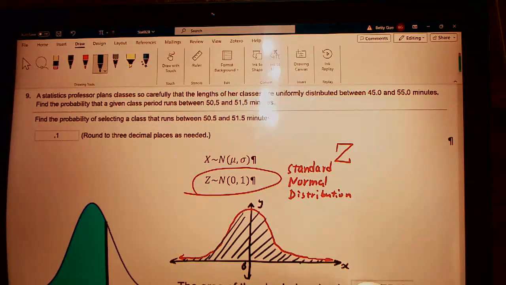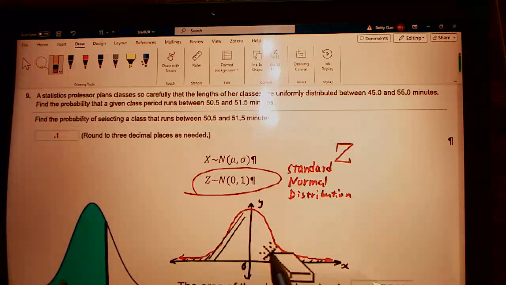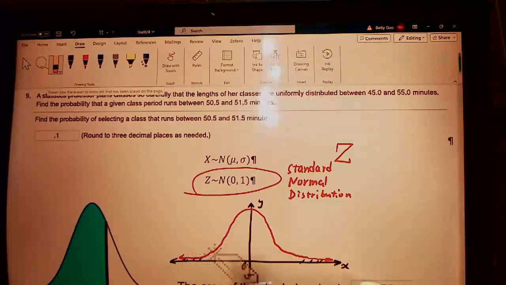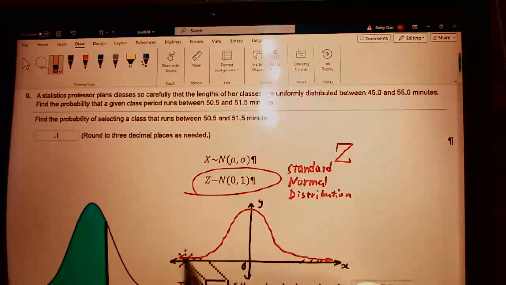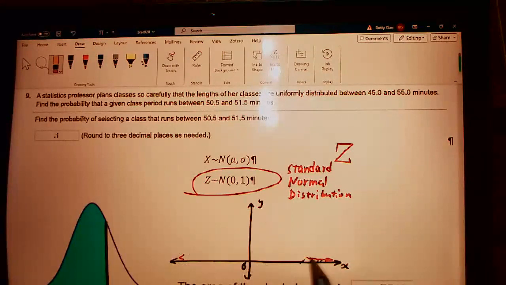It does not diverge, it converges. You might think it couldn't be 1 because the right tail is open, but even just a little opening doesn't change the fact that the area is 1. Let me erase that. Am I clear about that?